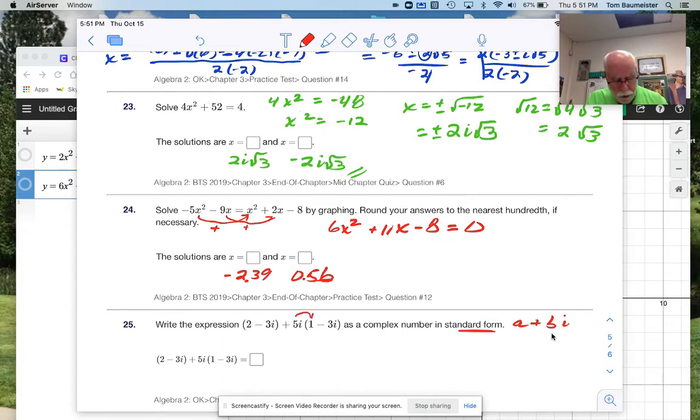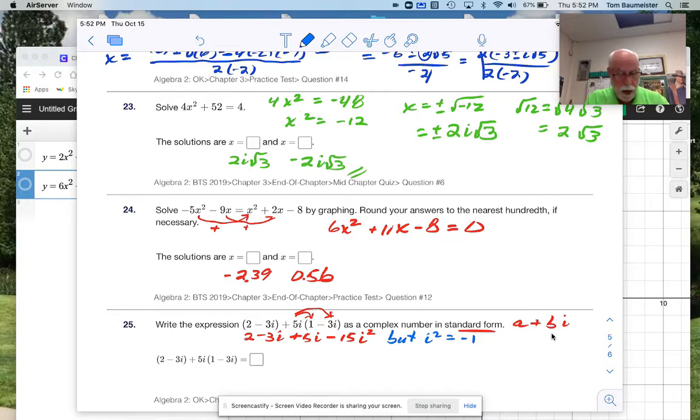On this one, I am going to distribute that 5i through the parentheses. So I'll have 2 minus 3i plus 5i, minus 5 times 3 is 15, i times i is i squared. But i squared, I told you earlier, is equal to negative 1.